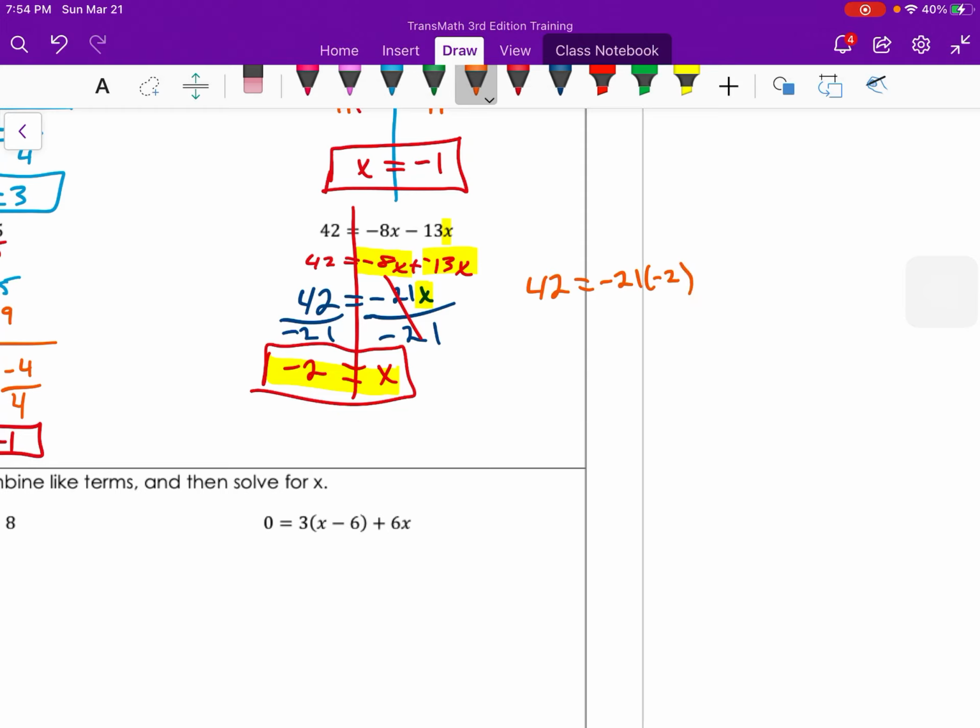So then I have 42 equals, well, -21 times -2 is going to be positive, and that's 42. So that's good. That's right. So it doesn't matter that x is on the right side. X can equal something on the left, or something can equal x on the right because equations are balanced like that.